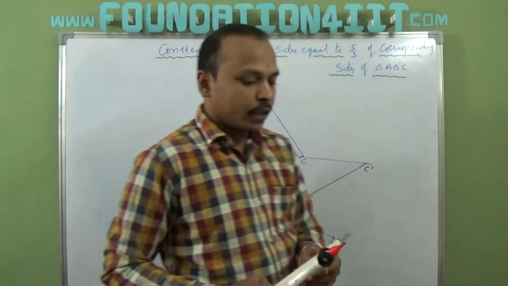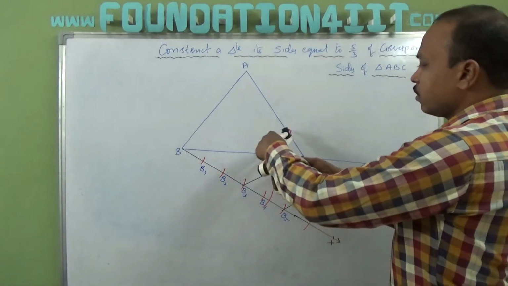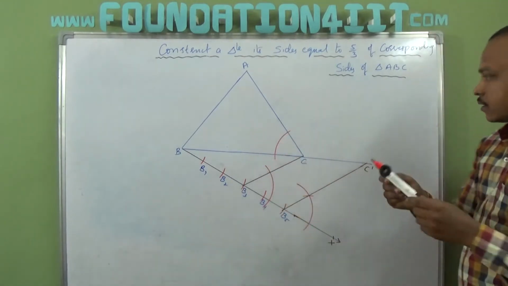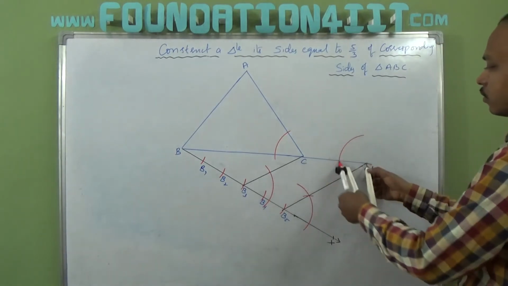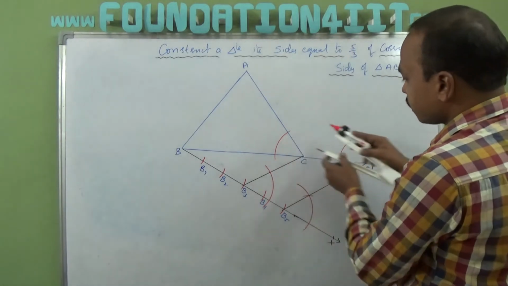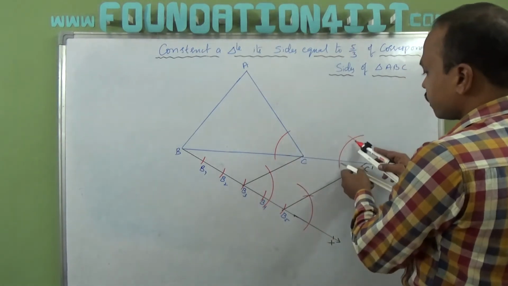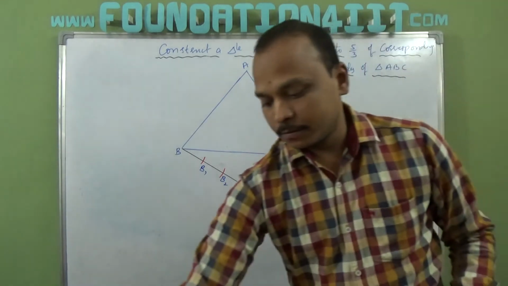For that, draw an arc from C, and without changing this, from C dash also draw an arc. Now check this gap, how much gap is there? From here also you cut this. Right? Then you can extend those lines.